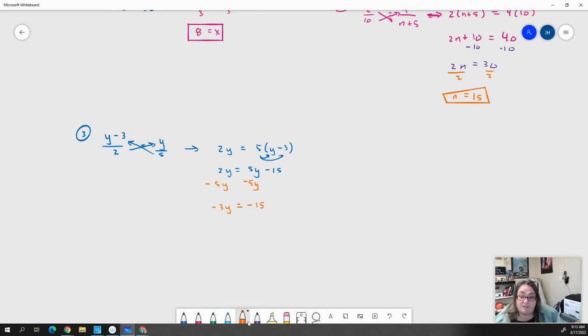And now all I have to do is get rid of that negative 3 that's being multiplied to the y. So I'm going to divide both sides by negative 3, and I will get y equals 5. Negative over negative equals a positive. And we are on the right track.